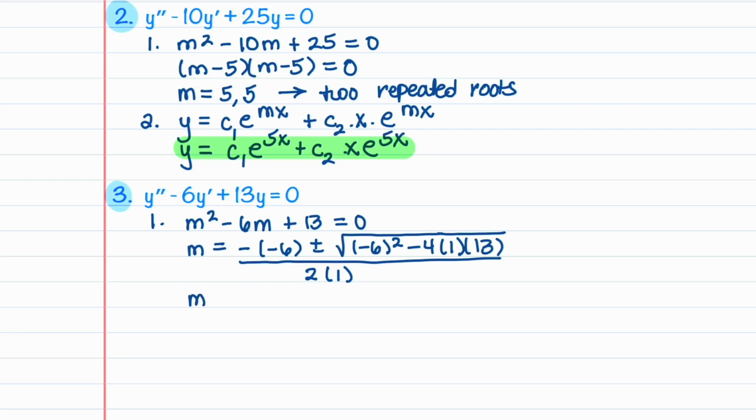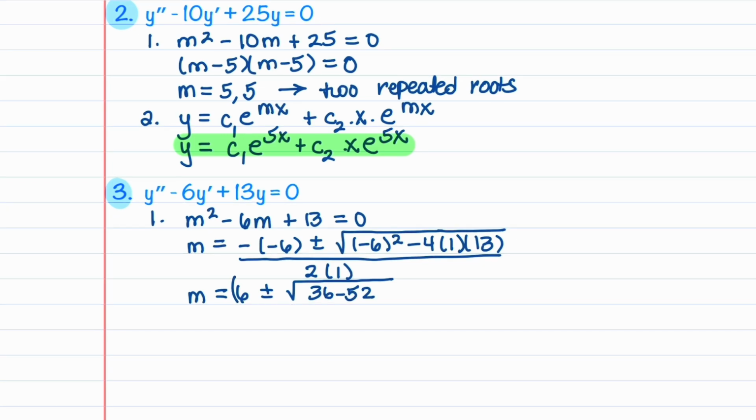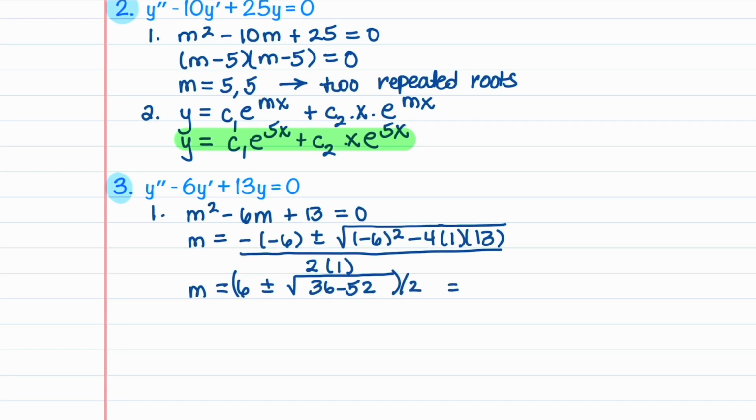Let's see. This gives us m is equal to 6 plus or minus the square root of 36 minus 52, and let's divide all of this by 2. That is minus 16.